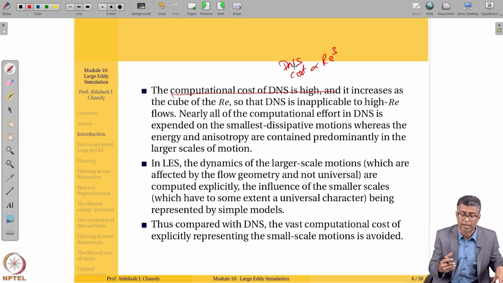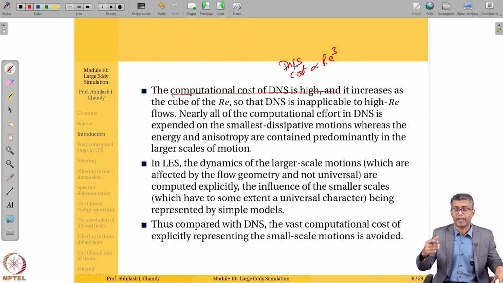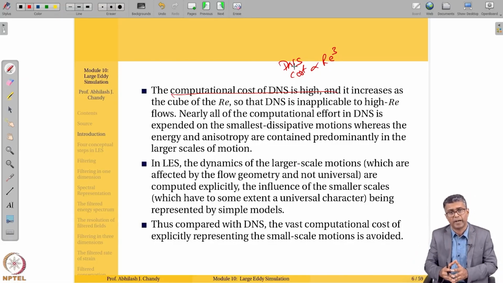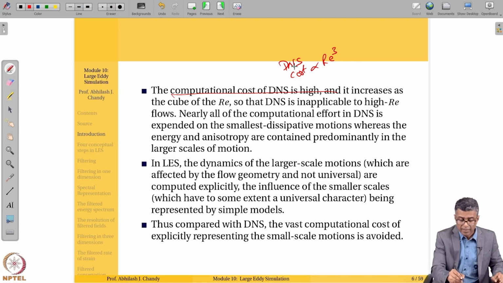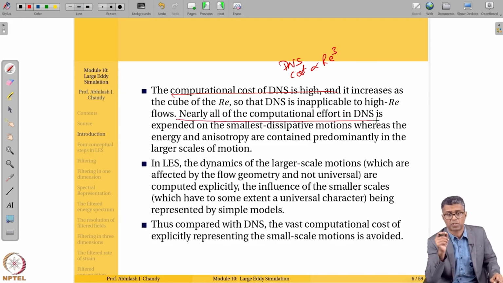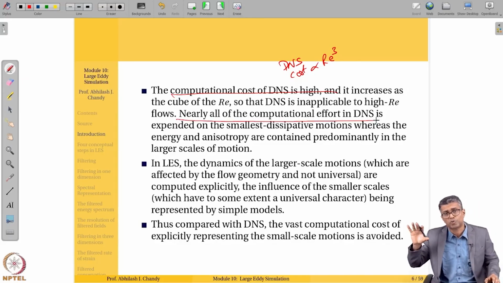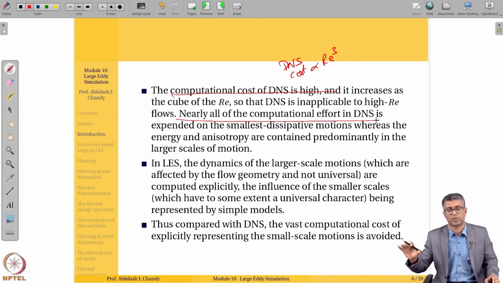And even if you applied it to high Reynolds numbers, the cost is so high. It's not like everybody has access to those kinds of resources. In addition, this point is important, which I was saying just a few minutes ago: nearly all computational effort in DNS is expended on the smallest dissipative motions.